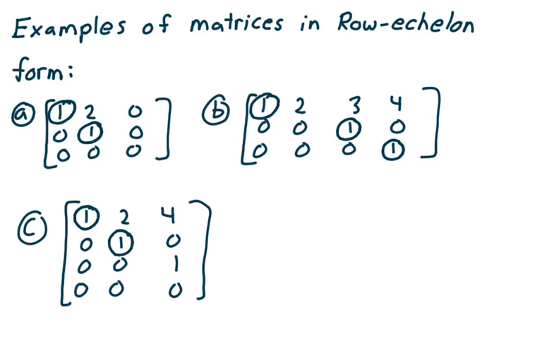And in the third row, this is my leading one. I'm talking specifically about the leading one. So let me say that again. The leading one in the third row is further to the right than the leading one in the second row, and the leading one in the second row is further to the right of the leading one in the first row. And so this matrix, hence, is in row echelon form.